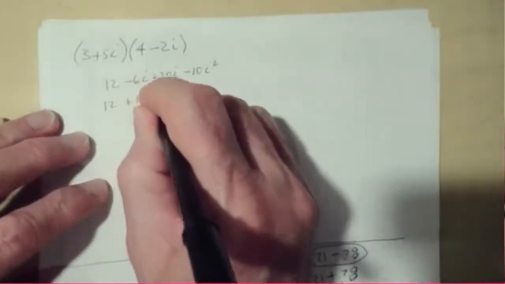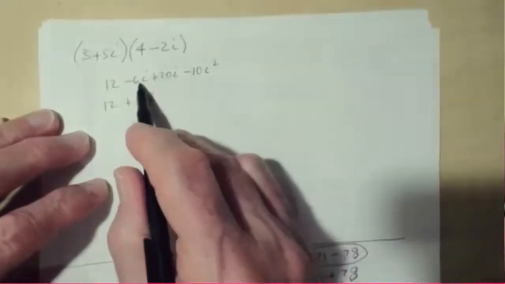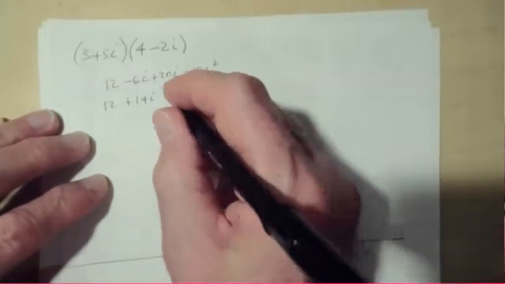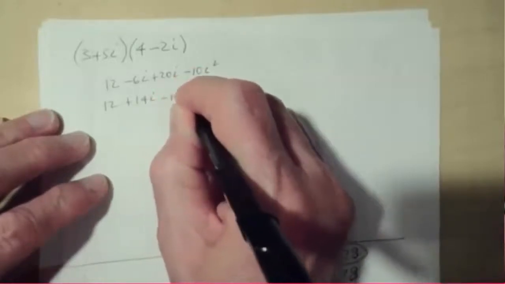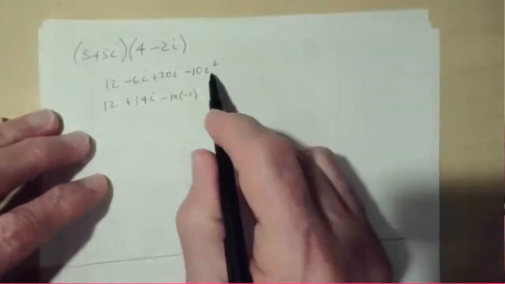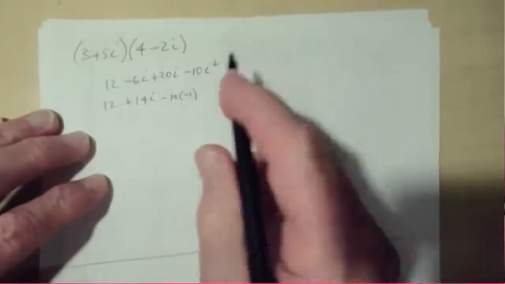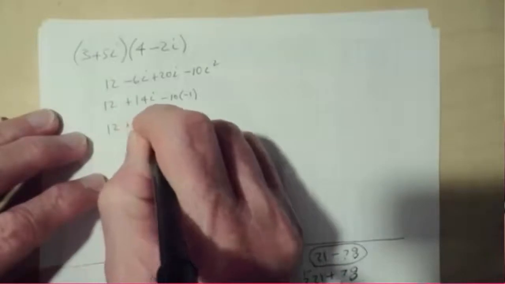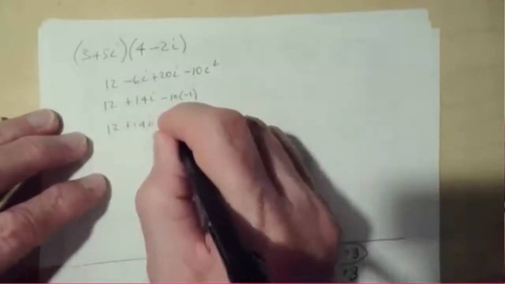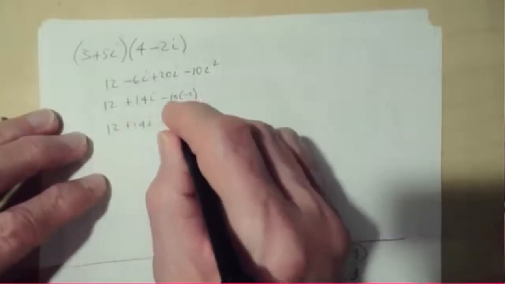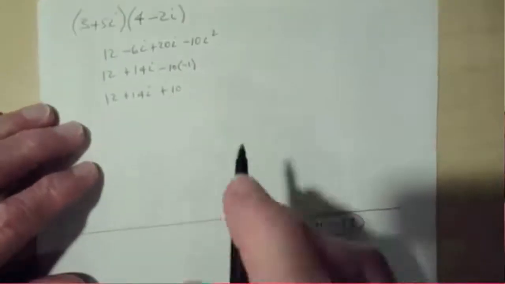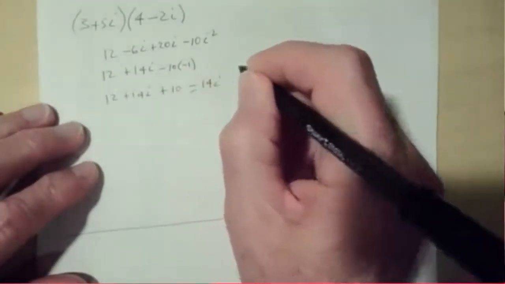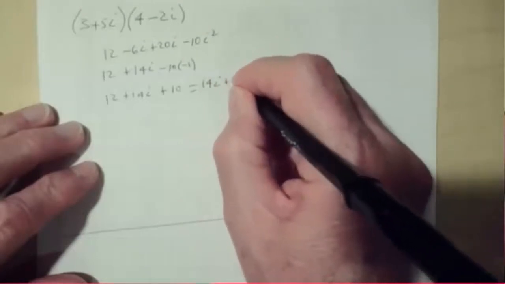Let's combine like terms. 12 plus 14i, negative 6i and 20i is 14i. And we have negative 10 times negative 1, since i squared is negative 1, so plus 10.